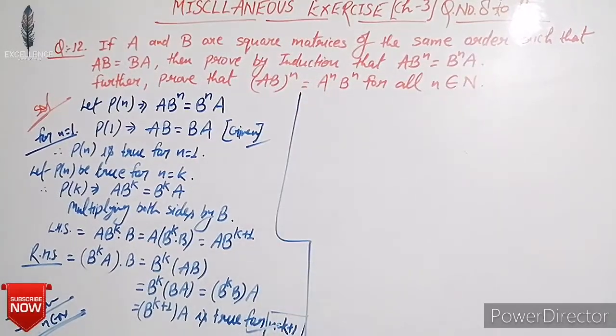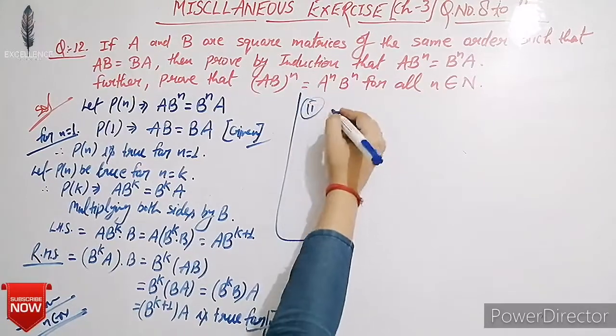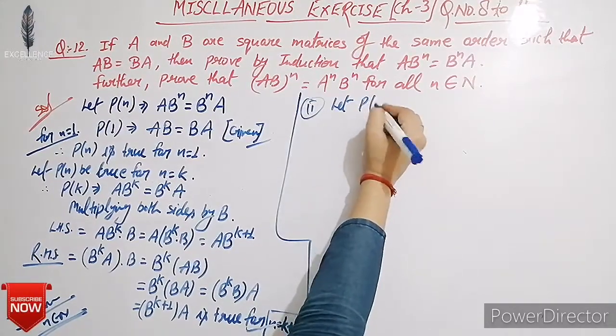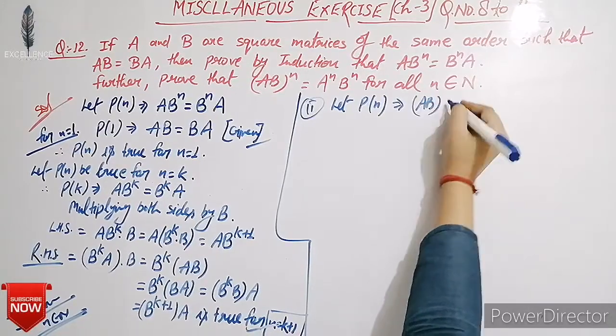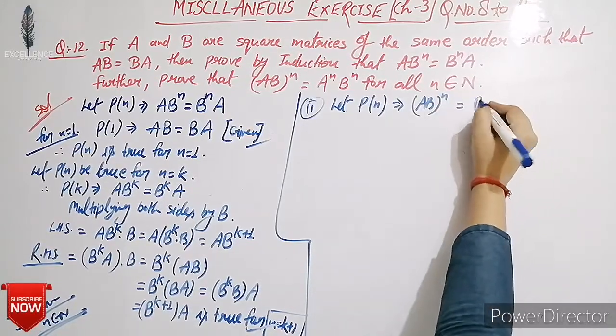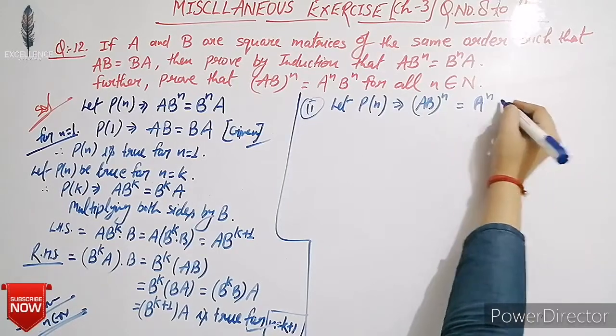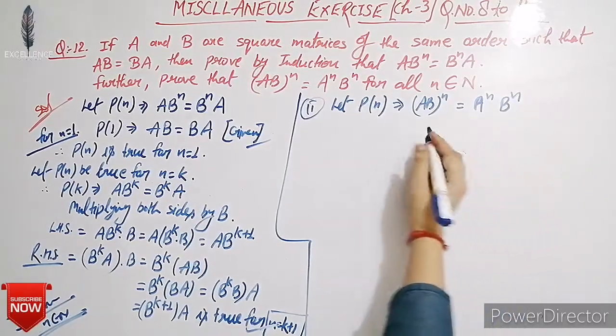Now, for the second condition, let P of n be AB whole power n is equal to A to the power n, B to the power n.